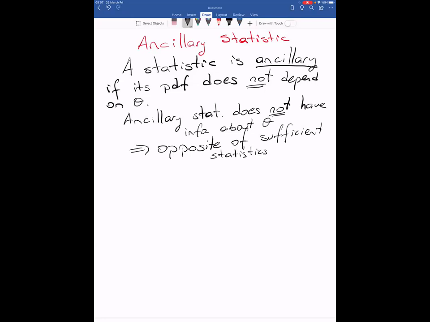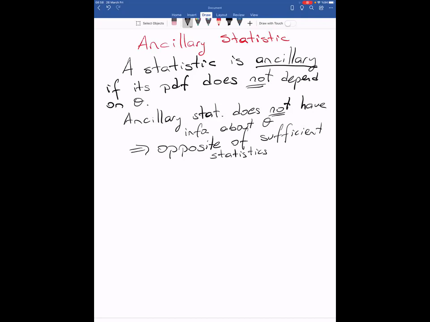Okay. So with Basu's theorem, we can use ancillary statistics and complete sufficient statistics in the same context. We have different definitions also, like first order ancillary and second order ancillary. First order ancillary means that the first moment of the statistic does not depend on the unknown parameter theta.